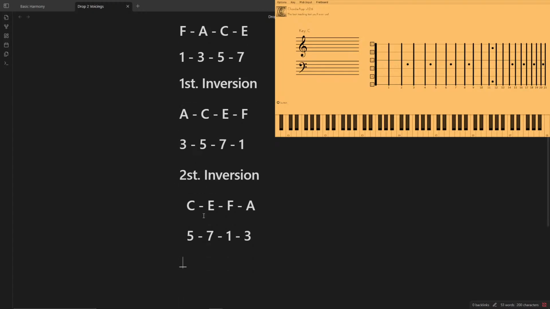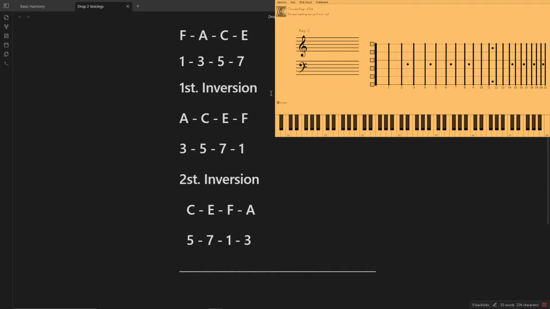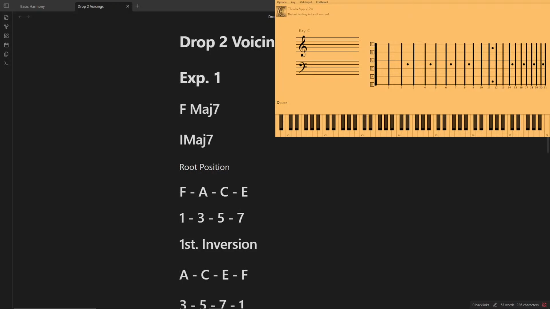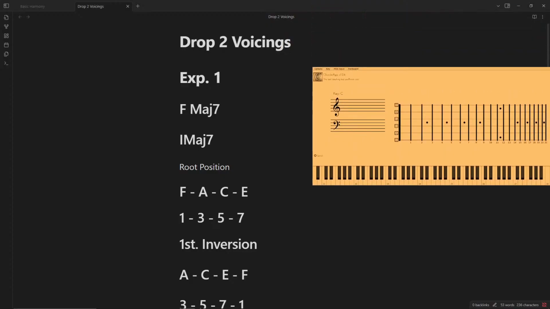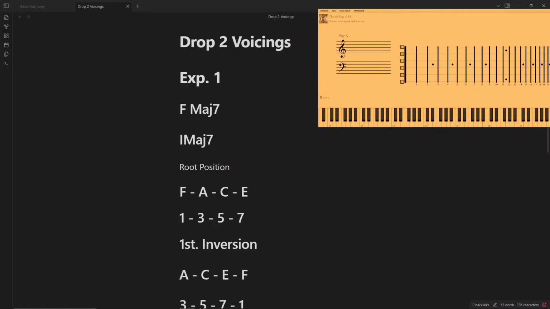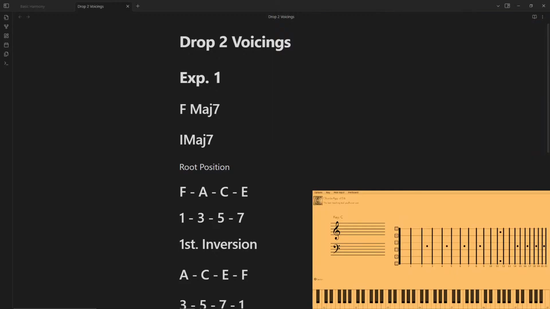We can make more inversions, but because we are taking care today of drop 2 voicings, and chordy is in the way again, let's make chordy smaller. I'll just make it bigger when it needs to be. I'll put that here. I don't know where to put this.